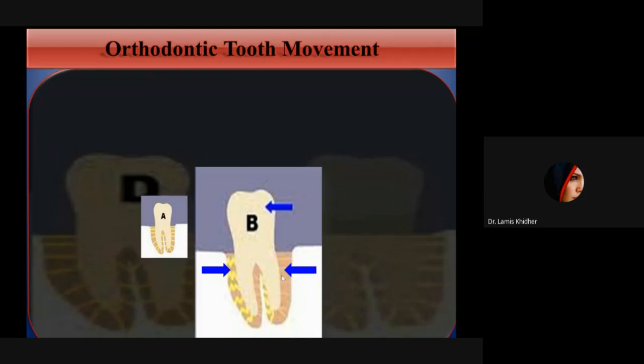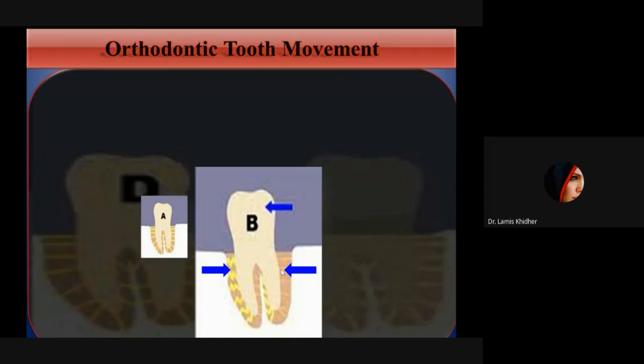What happened and why did it occur? Because the force that is applied to the tooth will try to move the tooth from the side of force application away from it to the other side. What will happen in the periodontal ligament in the socket side?